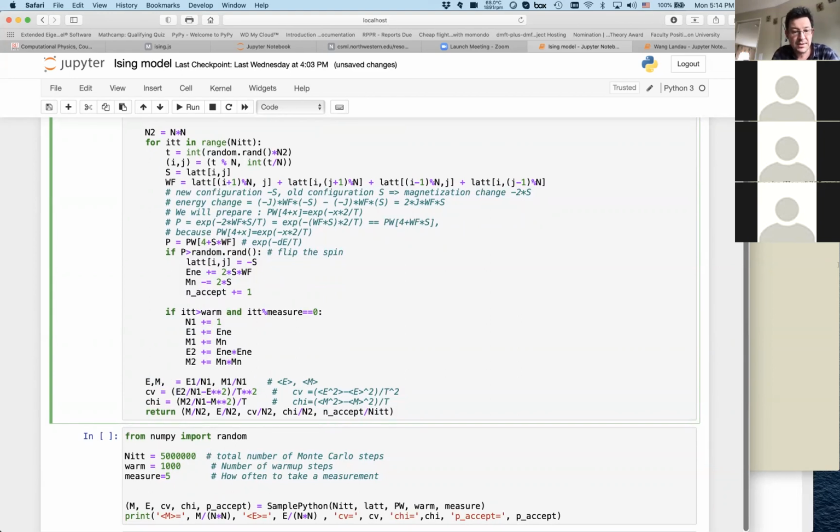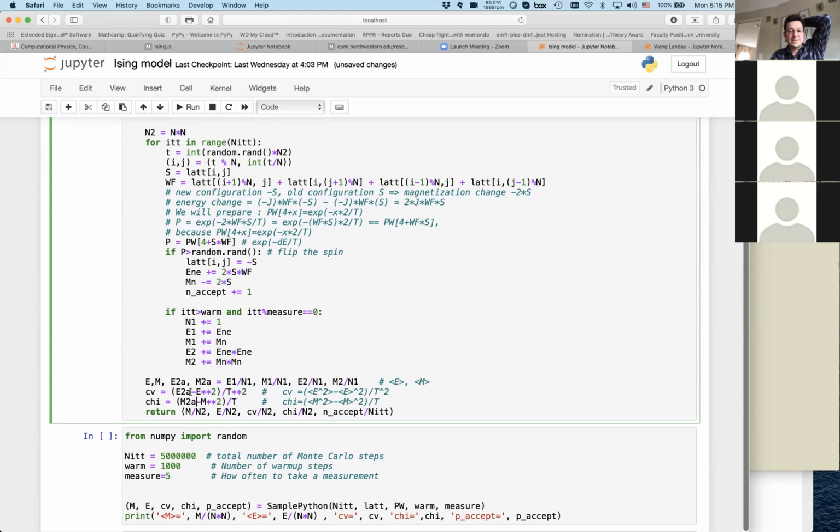Maybe it's more clear if we do this: E2 average and M2 average are equal to E2 divided by N1 and M2 divided by N1, for example. So now this is average energy, average magnetization, average of the square of energy and square of magnetization. And now I can substitute this E2A, M2A.